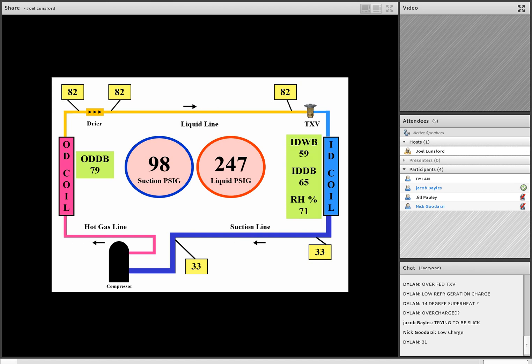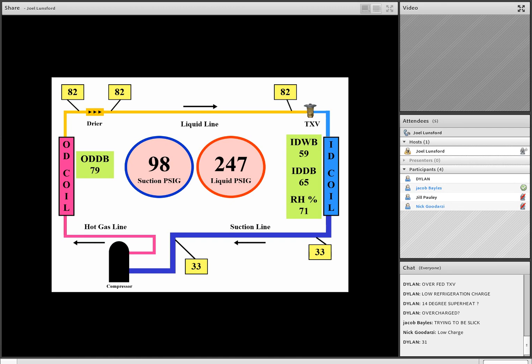How about at 247 pounds of pressure? What's the pressure temperature conversion at 247 off the pressure temperature chart for 410A? About 83. Okay, and so we take a look at our outdoor coil. We have 83 degrees saturation, and our liquid line is 82, so we only have about 1 degree of subcooling.